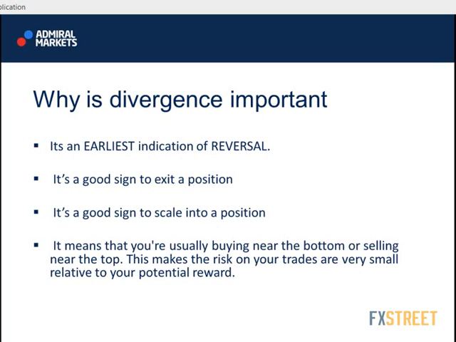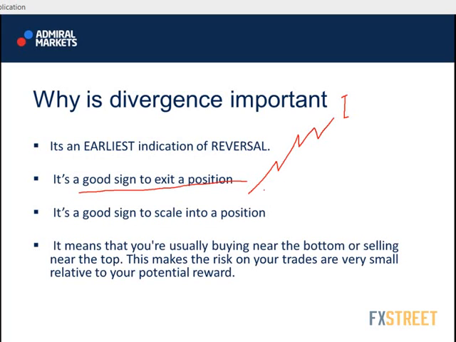Now, another possibility to use divergence is that it's a good sign to exit a position. So let's say that you are long, and at the candle close, because divergence is always spotted on the candle close, you cannot spot or trade divergence on the live candle, so you need to use candle close. When you spot divergence at candle close, it's a good sign to exit a position.